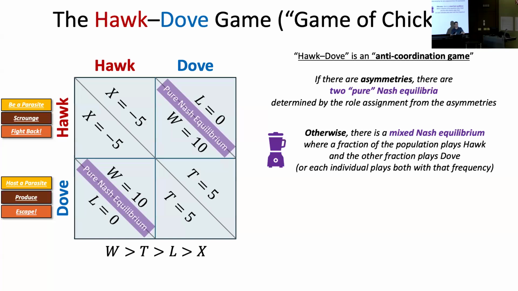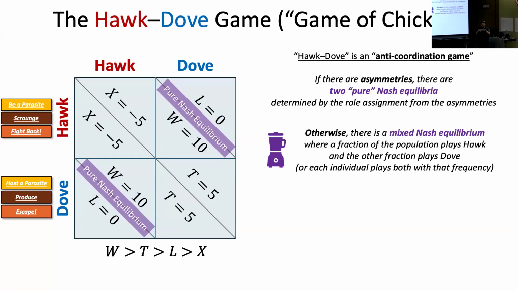The interesting case happens when there are no asymmetries. If there's no asymmetric reason why one player should be the hawk and the other the dove, then what we see in populations is a mixed equilibrium, where a fraction of the population is hawk and a fraction is dove.